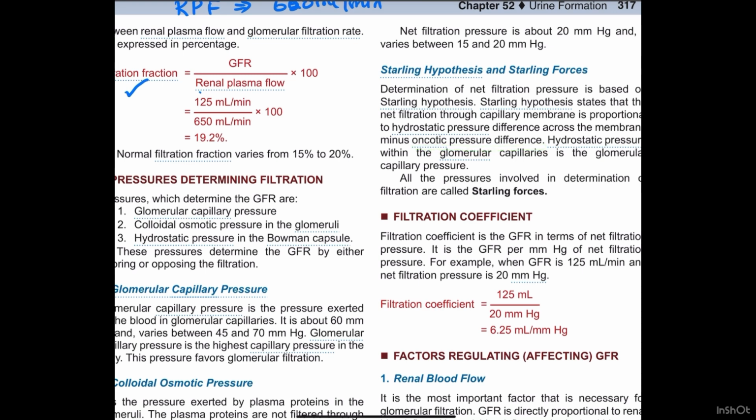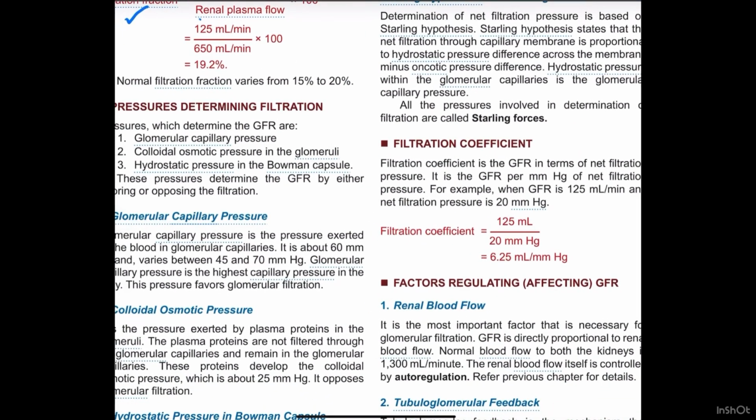Now, the hydrostatic pressure within the glomerular capillaries is the glomerular capillary pressure, as said by these Starling forces.